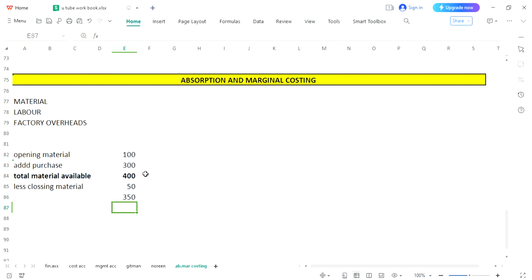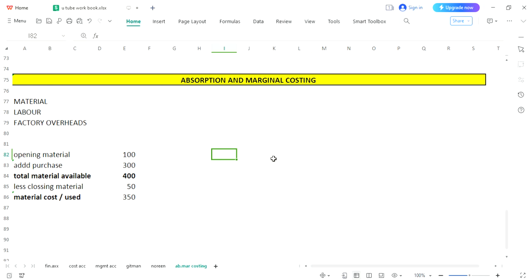This was the material which was available for you, and you have started using this material, but after the end of that particular period, 50 units or 50 rupees of material was still in hand. It means the remaining material was used. So what will you name it? Material cost, or it may be called material used. So this way you will be well familiar with the costing procedure, and first costing was related to your material.